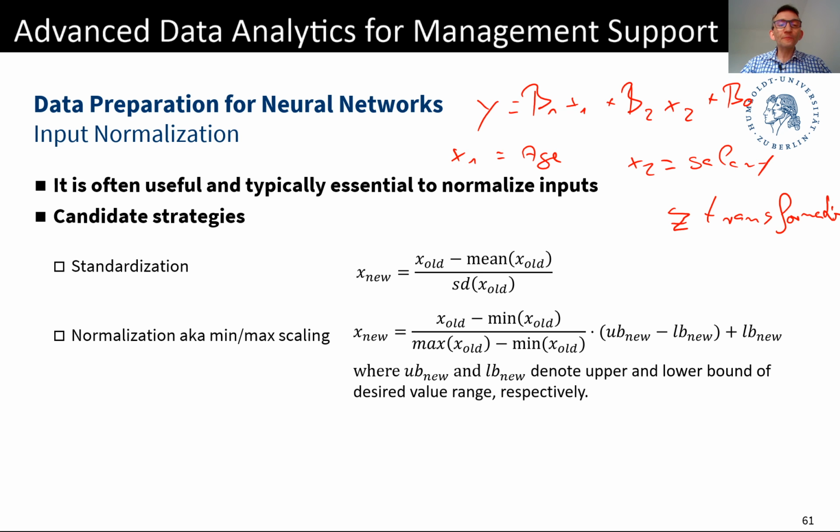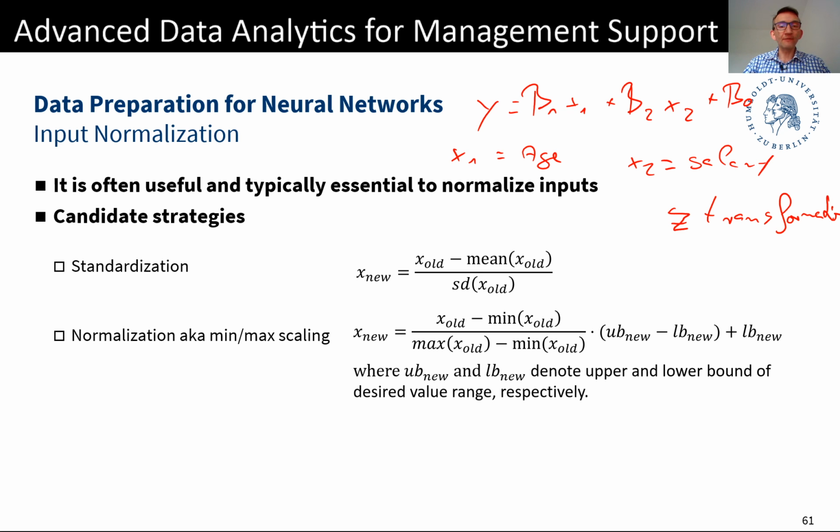Then if you don't scale or normalize your input values and you observe that the coefficient beta 1 is a lot larger than beta 2, that's a bit harder to interpret because age naturally will have much lower values than the feature 2 salary. And this different scaling of the features and their respective importance for predicting y, both these pieces get mixed up in the regression coefficient beta if you don't scale your data.